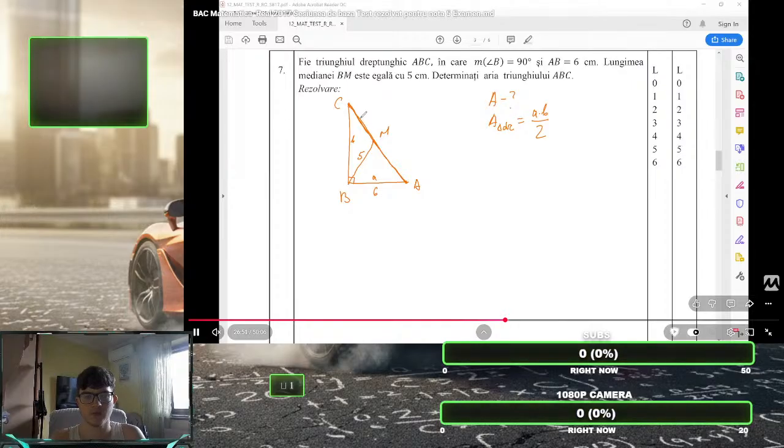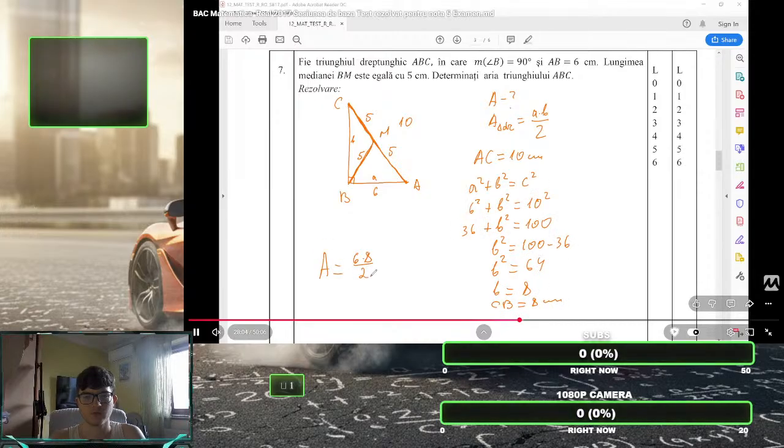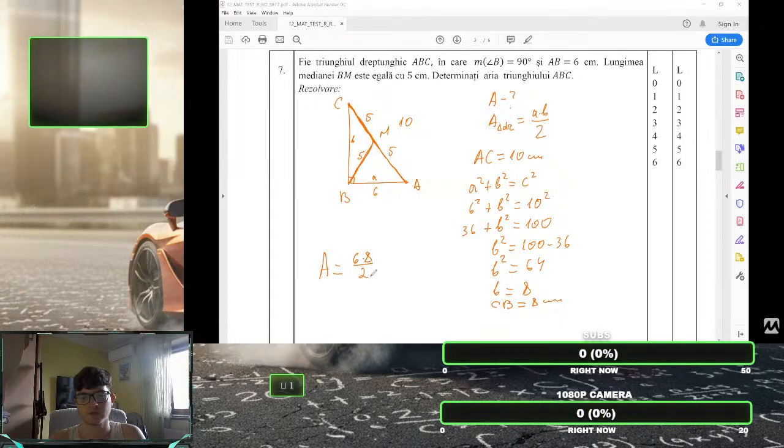A times B, so actually it's AB times BC. Well, okay. So by the looks of it, it's not that complicated. AC will be 10. Thanks to some formula. And then we will apply Pythagorean theorem.